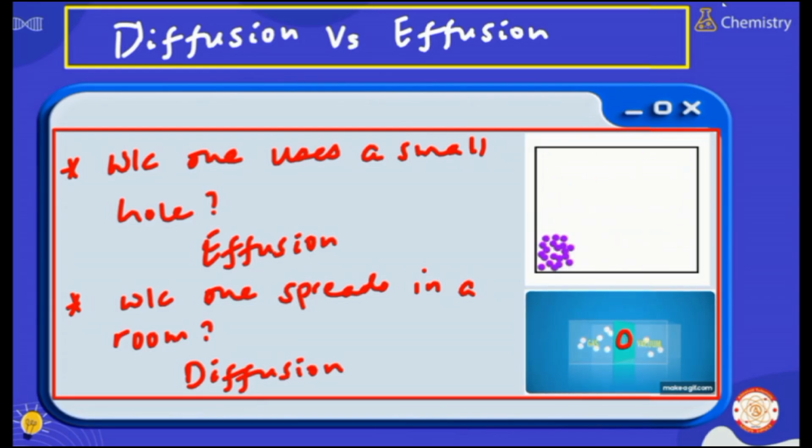And remember also that both these processes depend on the motion of gas particles, because they move particles from high concentration to low concentration.